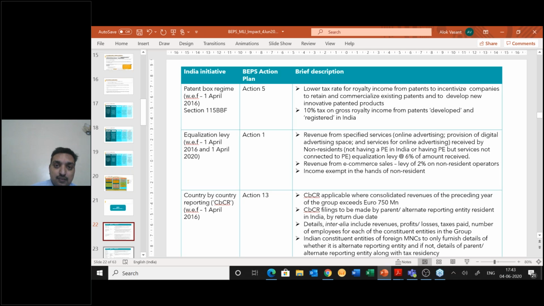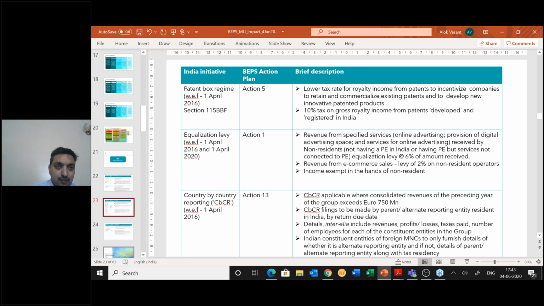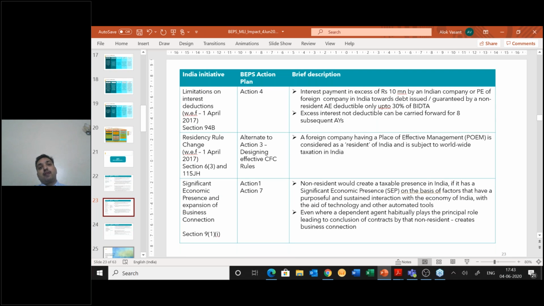So this is again pursuant to the BEPS initiative. Then Action 4, we talked about interest deduction limitations. India has already introduced Section 94B, which limits interest deduction up to 30% of EBITDA.